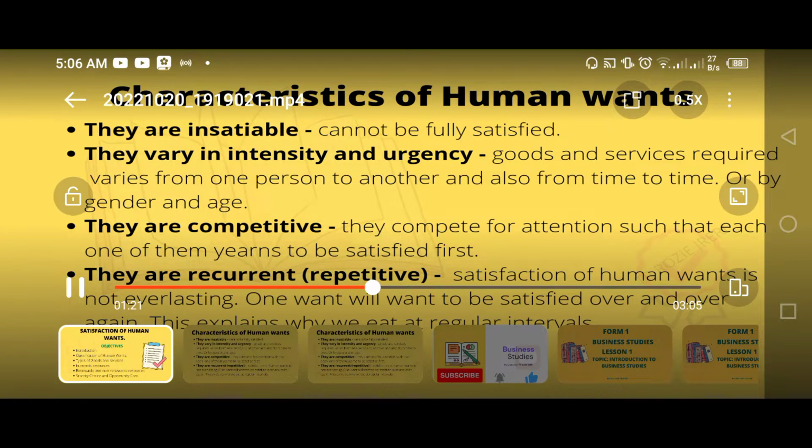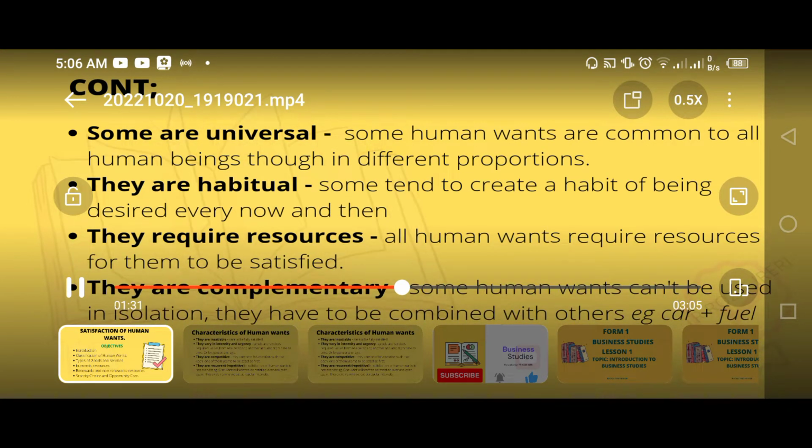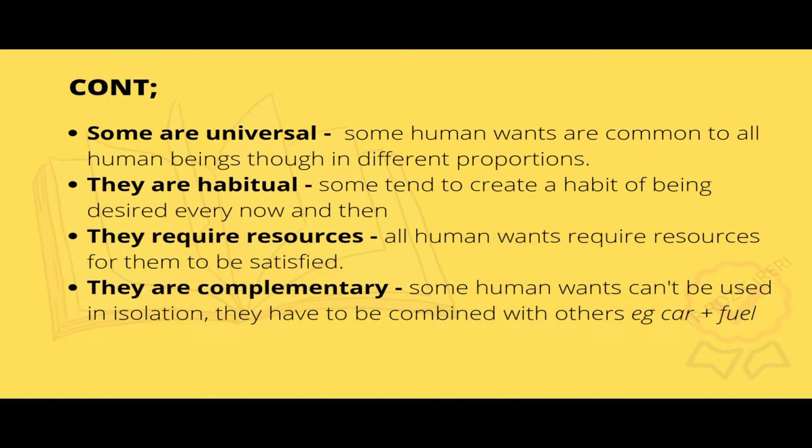Next is that some are universal, meaning they are common to all human beings, but in different proportions. All of us need food, but some will eat smaller portions, others will take larger portions.